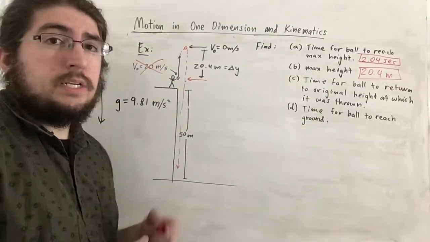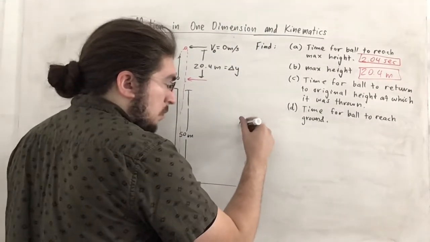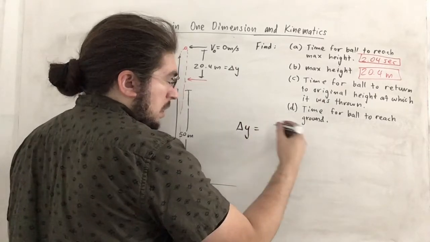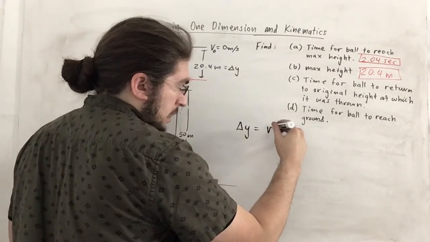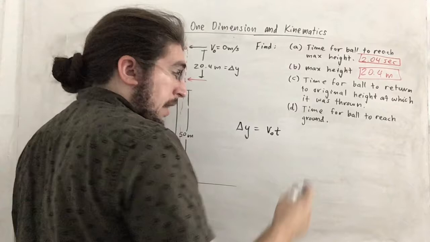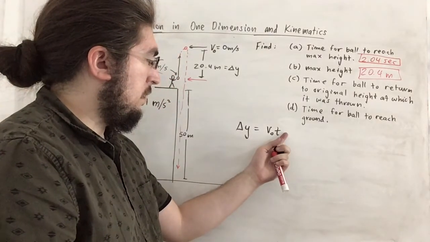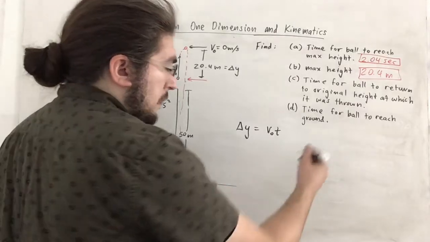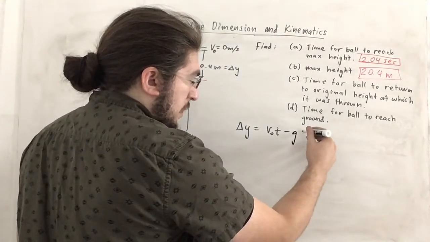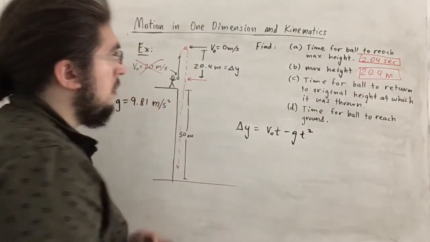The equation we're going to use is delta y is equal to v naught t plus 1/2 at squared, but since a is replaced with negative g, that's going to be minus 1/2 gt squared.